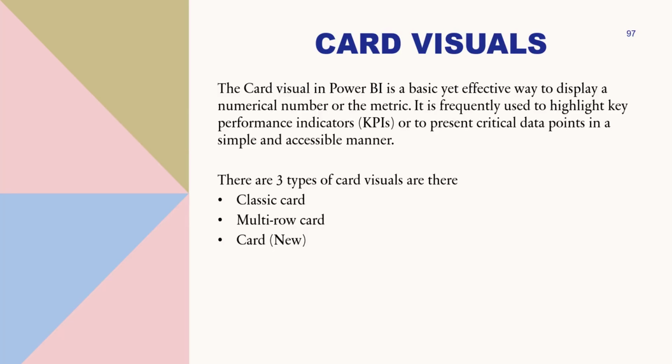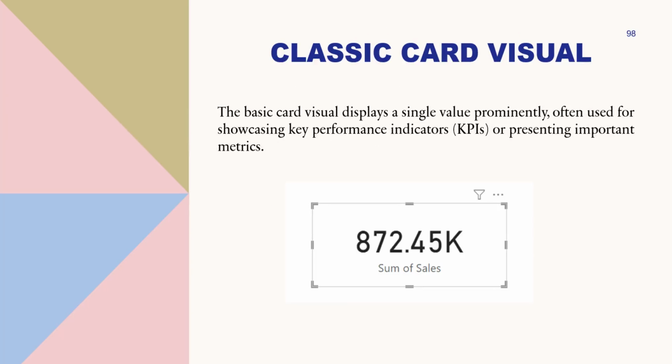For example, if we want to show the total sales, we can show it in the card visual. There are three types of card visual in Power BI Desktop. One is the classic card, another is the multi-row card, and the card new is the advanced version of the classic card. So let's start with the classic card.